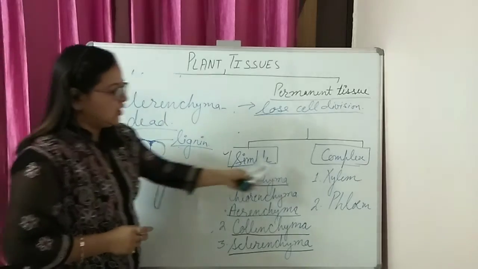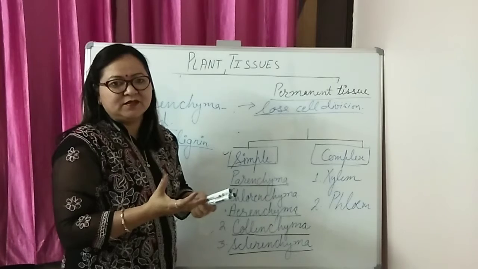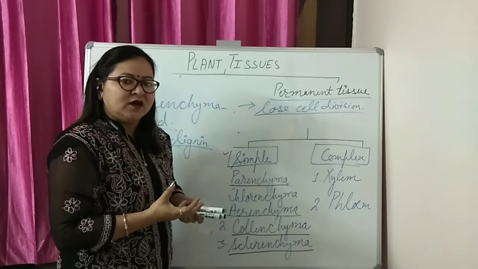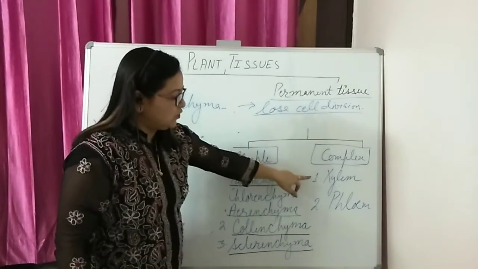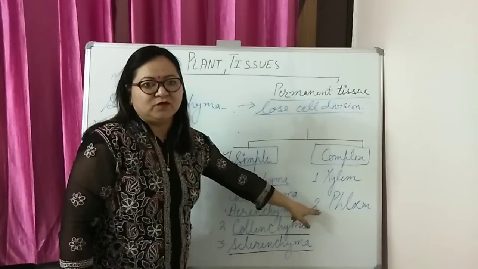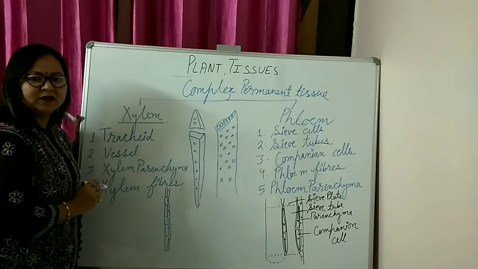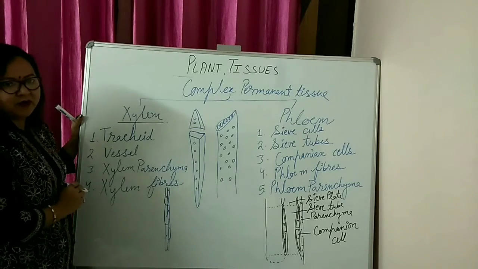Next, we come to the complex permanent tissue. There the group of cells are of different size and shape, but they perform a common function. These are of two types, xylem and phloem. Xylem helps in the conduction of water and minerals, and it has four components.